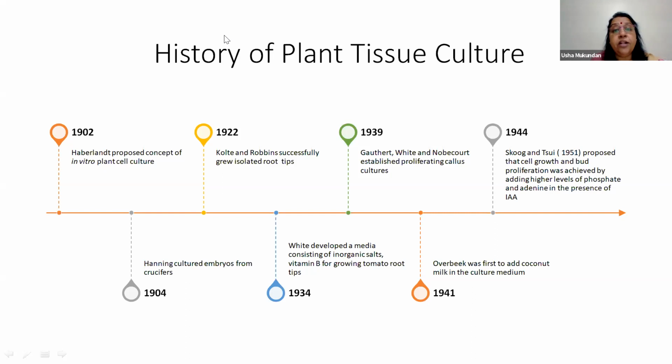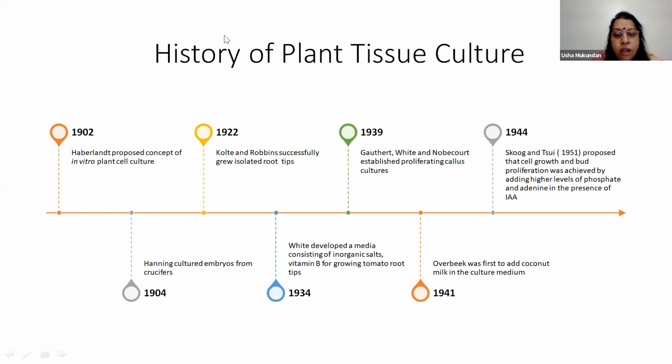Because they have been subcultured from the basic material repeatedly: you take a small piece of that root culture, subculture it in a fresh medium, again you will get a profusion of roots, and again you cut them and you maintain them in that manner. So White added vitamin B in the culture, and he has been growing tomato roots.